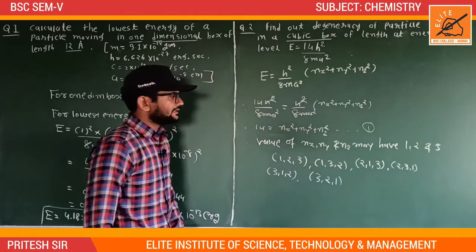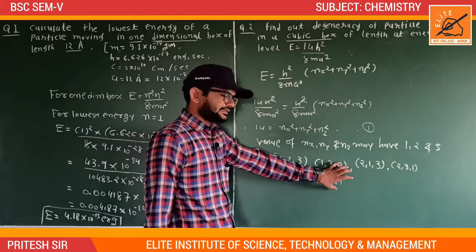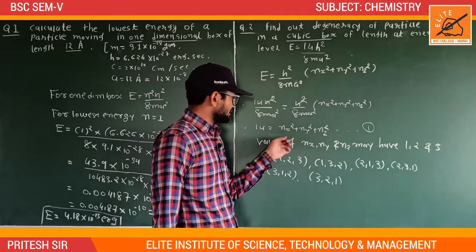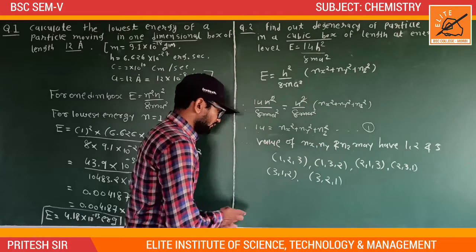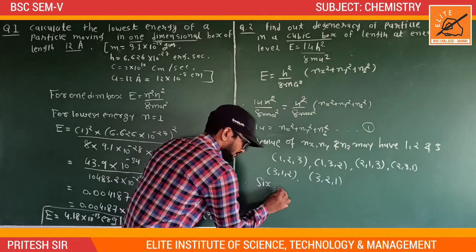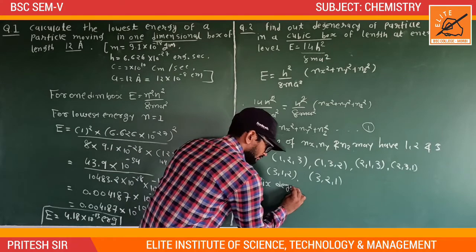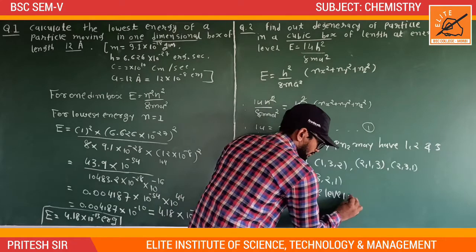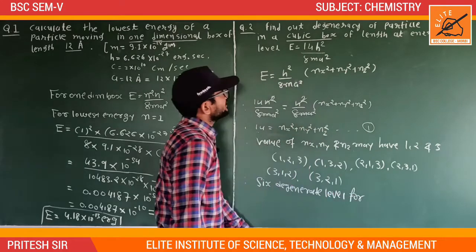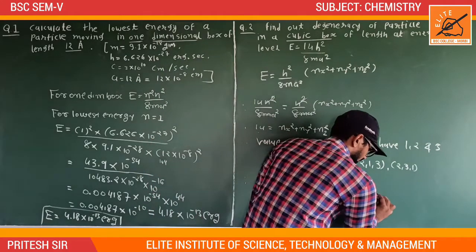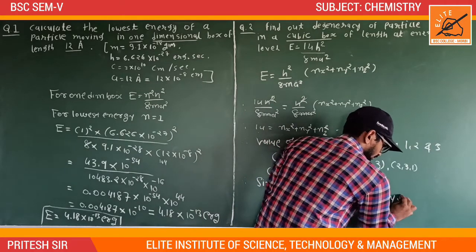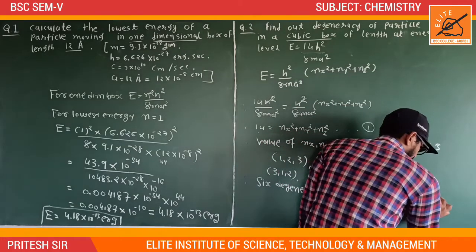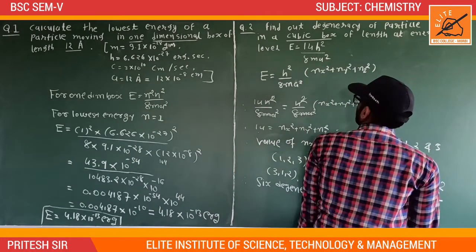So there are 6 degenerate levels which satisfy equation number 1, that is nx square plus ny square plus nz square is equal to 14. Therefore, 6 degenerate levels for the energy E is equal to 14 h square upon 8 m a square.